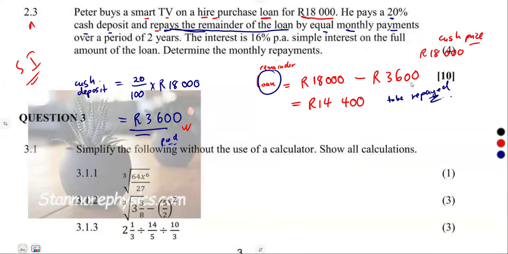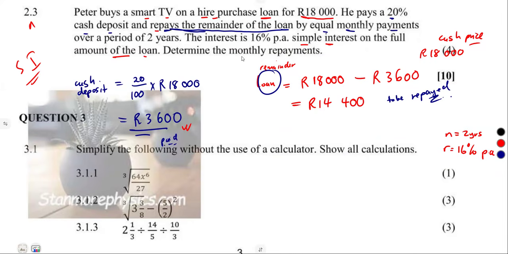But it is paid what? Equally monthly. All right. It is paid over a period of 2 years. So to repay this loan, it is repaid over 2 years. All right. The interest is 16% per annum, simple interest, for the given loan. So you're given the interest rate, 16%, which is how this money is going to increase per annum on the full amount of the loan.